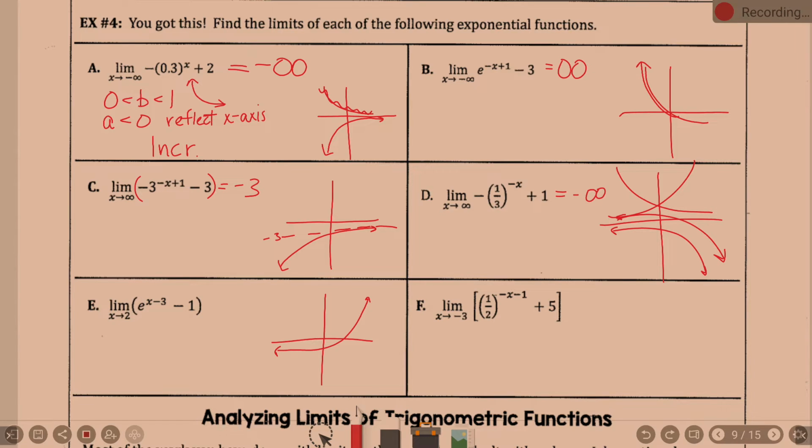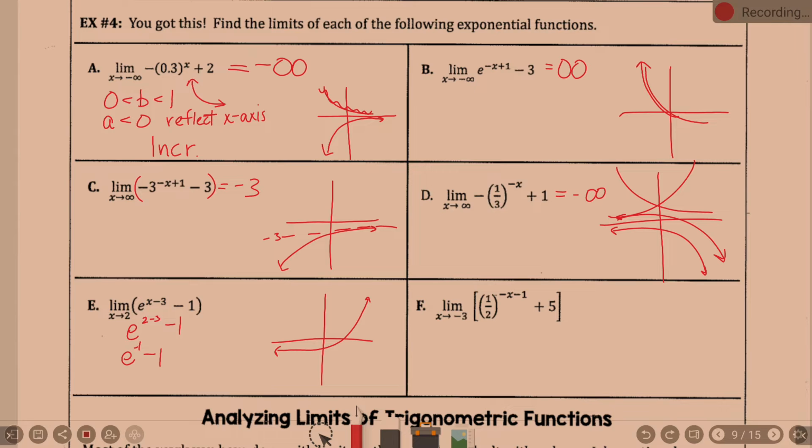So what's another way to do a limit? Can we try plugging it in? Yes, and that is an option. So if we plug this in, this becomes e to the negative 2 minus 3 minus 1, which is e to the negative 1 minus 1. Now, if this is a multiple choice question, you would not see the answer like this.